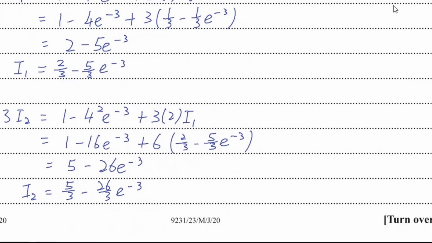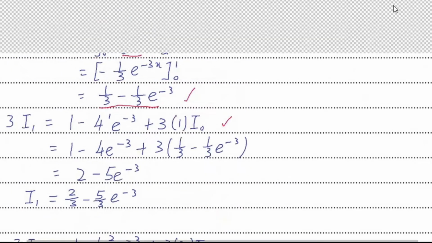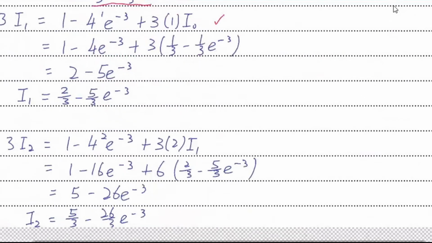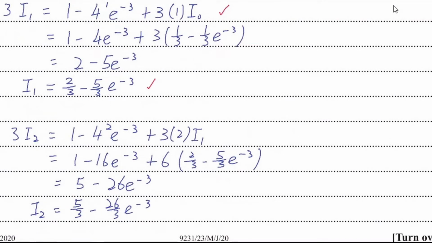They want I2, so with the I0 we find the I1, and with the I1 we sub in the value again, and then work until we get the I2. The integrals here are in terms of a constant and the e power negative 3x. That's our second question about the reduction.